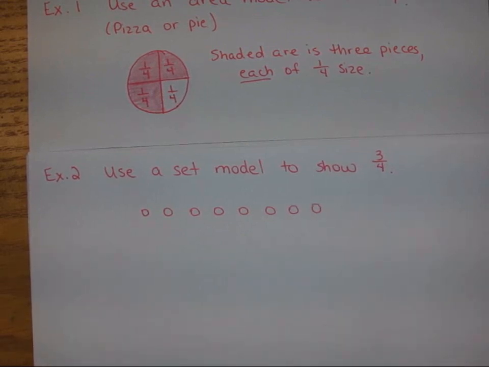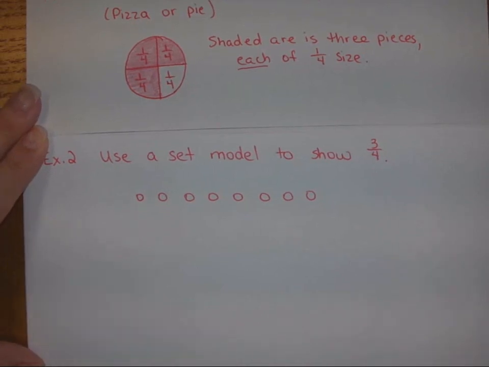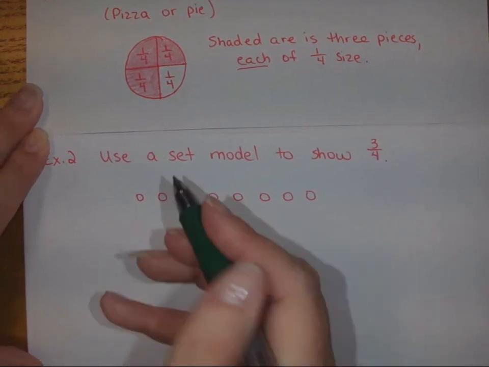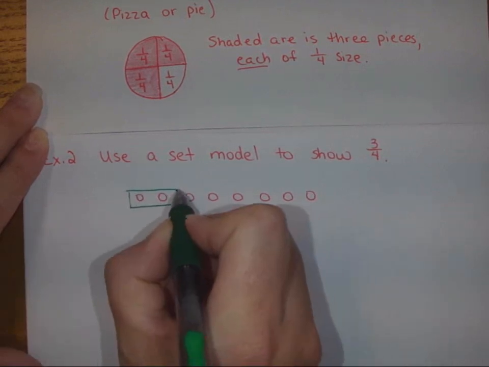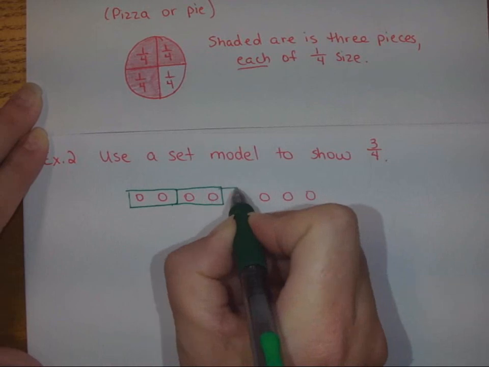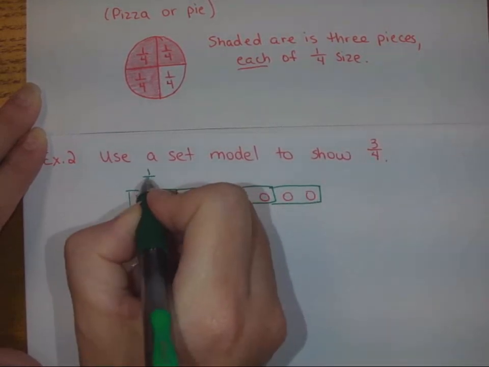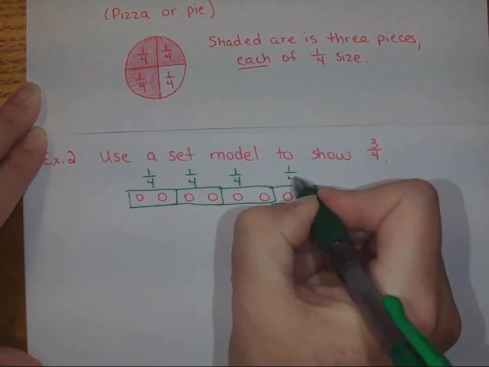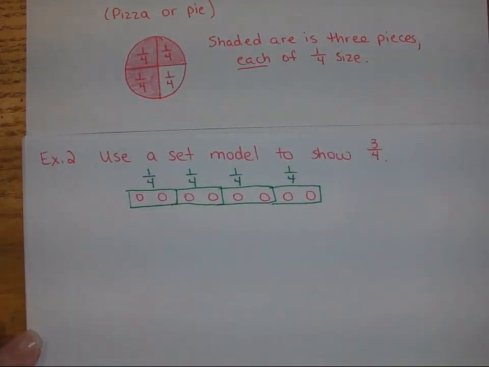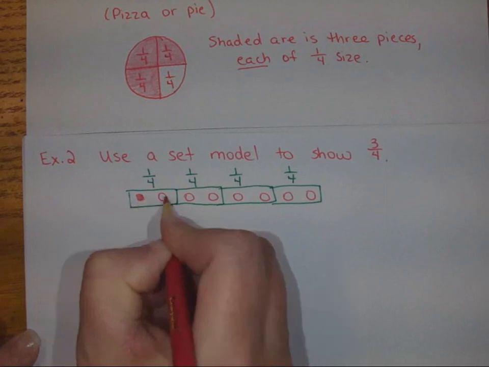And so if I wanted to show 3/4, just like I did with my area model, I would need to split this into sections of 1/4. So notice if I'm going to split this up evenly, then 2 units are going to have to be in each little subgroup. And notice each of these subgroups represents, again, 1/4. So we always label each of the sections or groups or whatever. And then if we want to indicate, we just shade in.